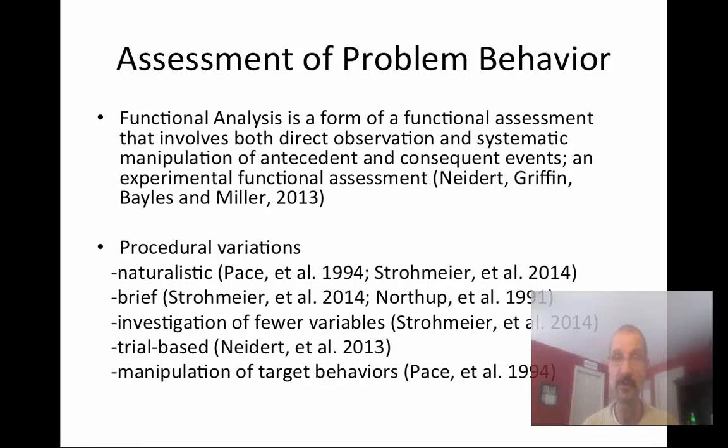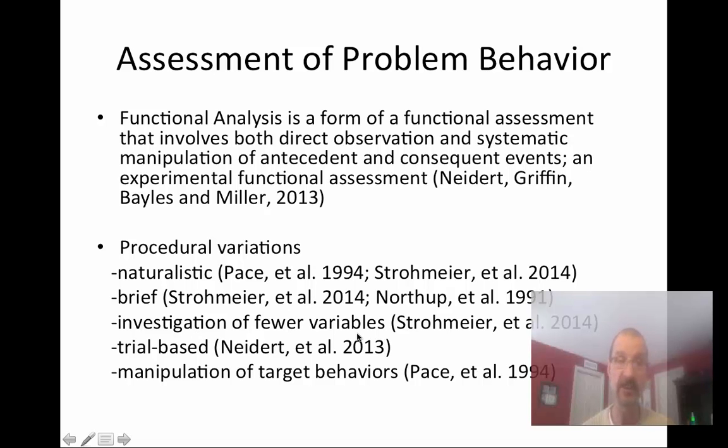Northrop was the first study that, and I think, really probably other than the Iwata original functional analysis study, is probably the most important study in functional analysis that really demonstrated that these could be done on an outpatient basis in an outpatient clinic, and they could be brief.